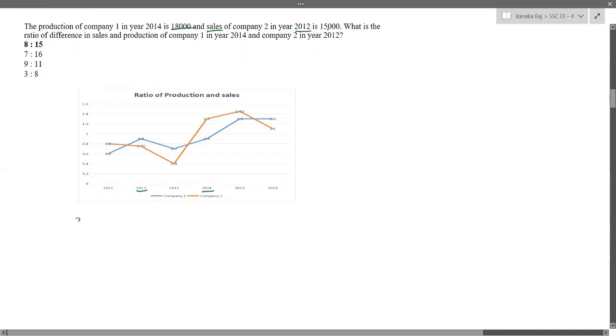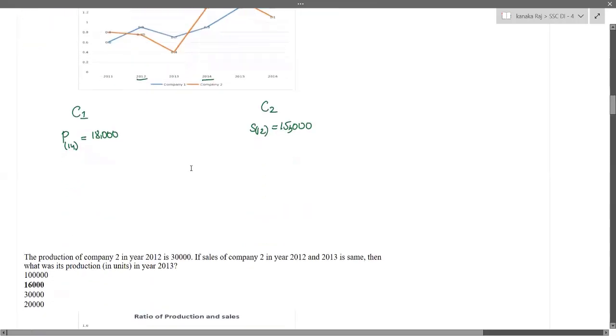So let me write down that data first. So what does this say? For company 1, production in the year 2014 is equal to 18,000. For company 2, sales in the year 2012 was equal to 15,000. So they're asking us to find the ratio of difference in sales and production of company 1 in the year 2014 to company 2 in the year 2012.